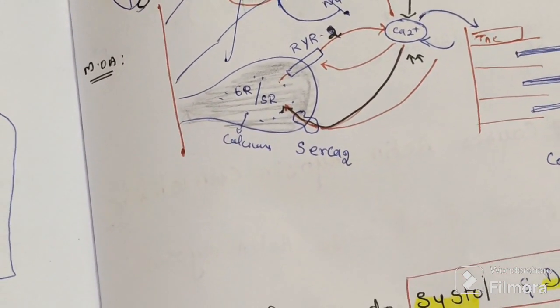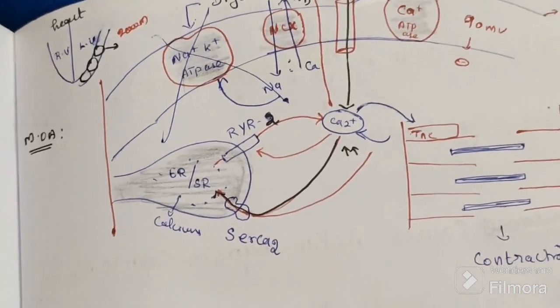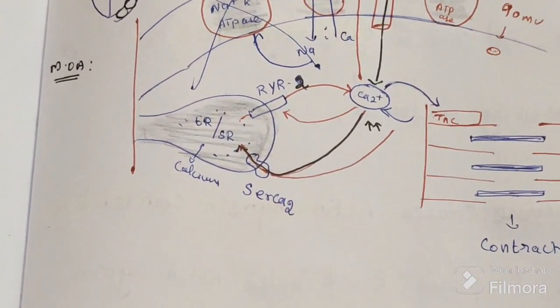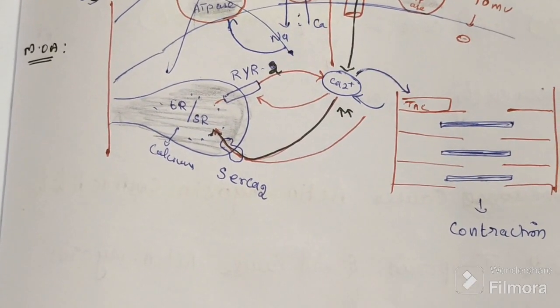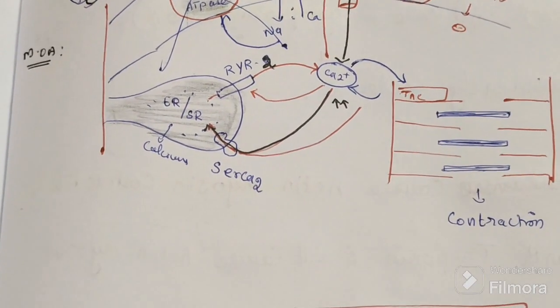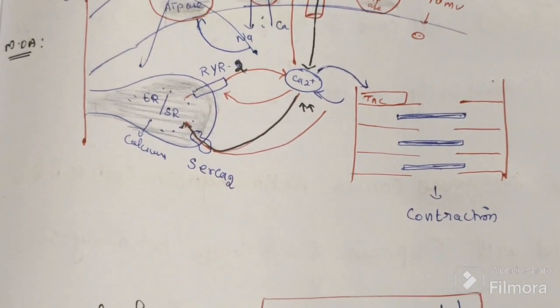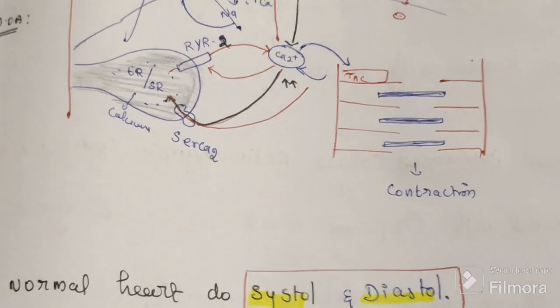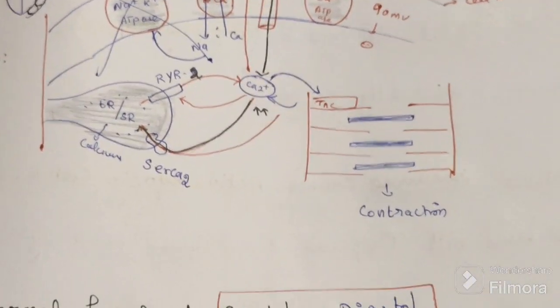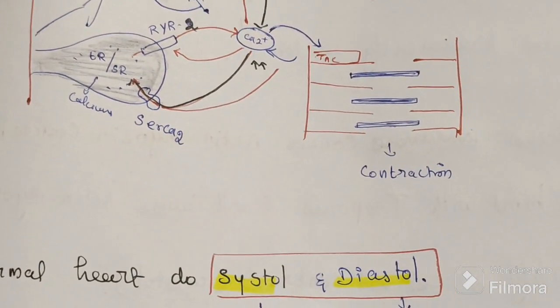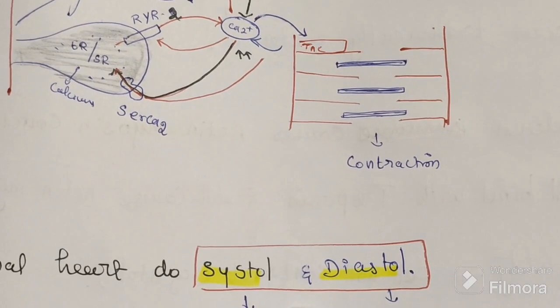So it has to enter the cell. It can block from the inner surface, it cannot block the outer surface. So it comes inside and competes with potassium. Both digitalis and potassium want to come inside.